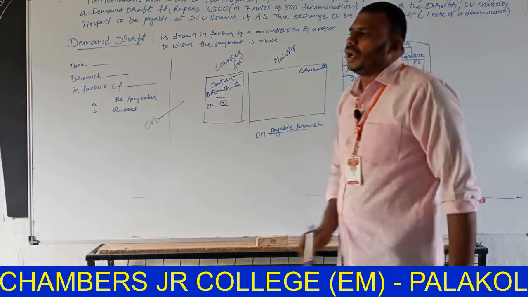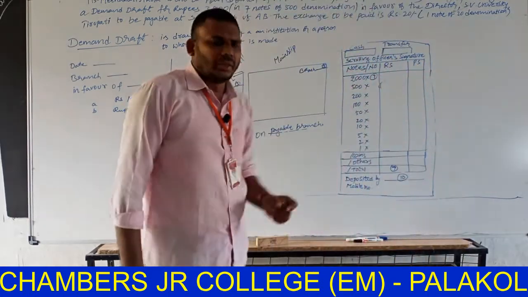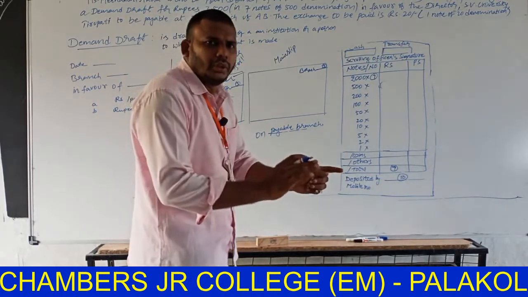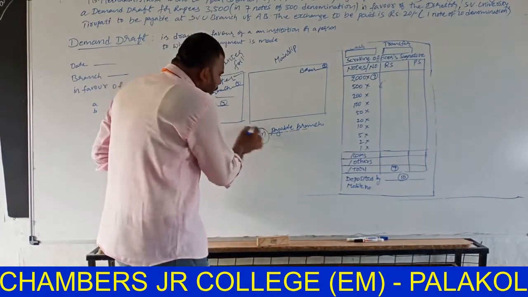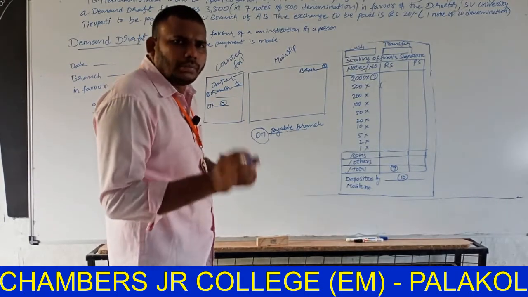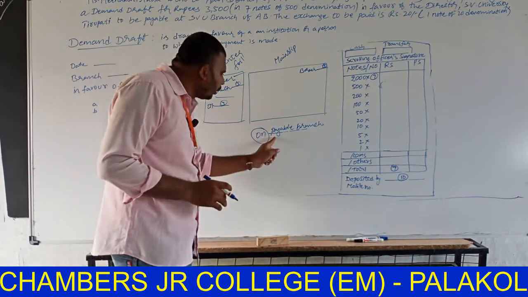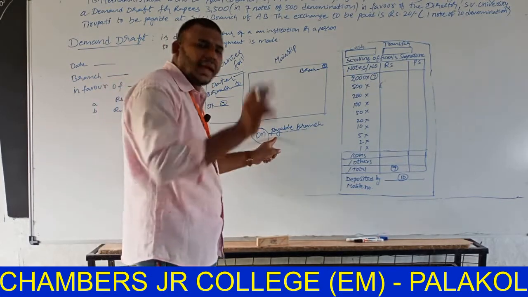Here we need to write the name of the branch where the amount is payable. So please remember, when the column on is given in the counterfoil, here we should write the name of the branch.